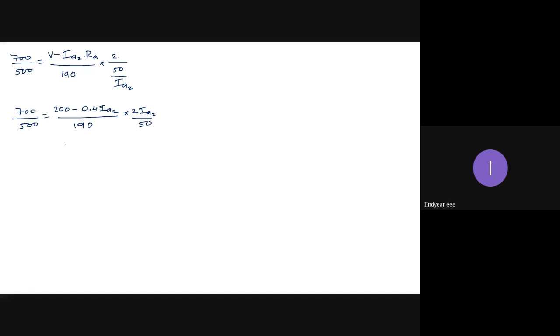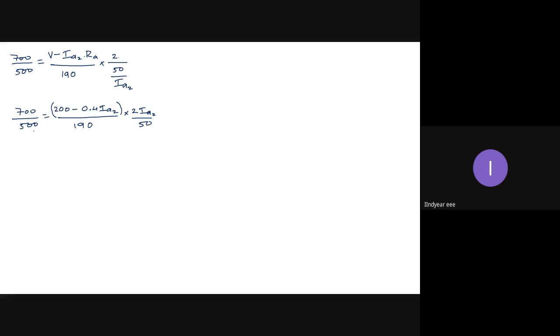You will find out IA2. There is a bracket here, and don't forget, this 2 IA2 is multiplying to this term as well as this term. You should not forget that.